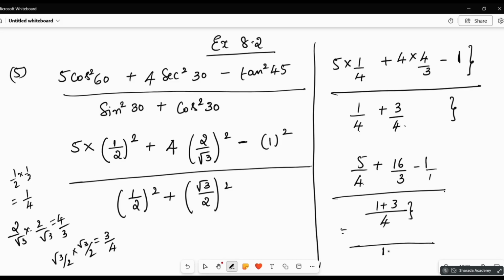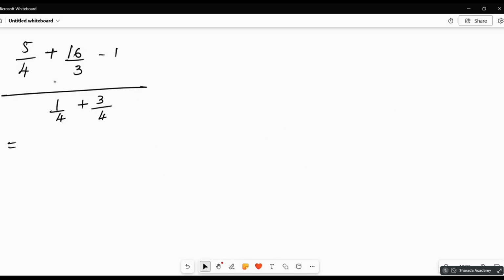Write down this and we'll simplify in the next sheet. Taking the LCM and simplifying, don't make mistakes in that.